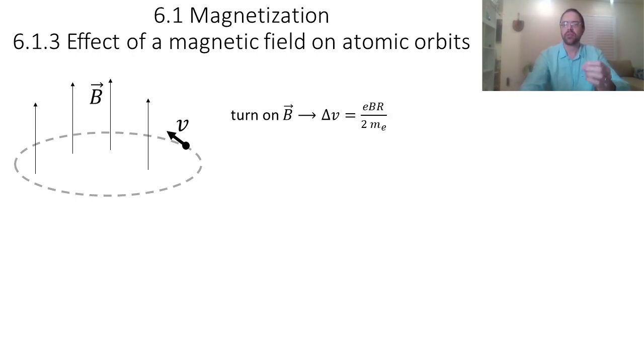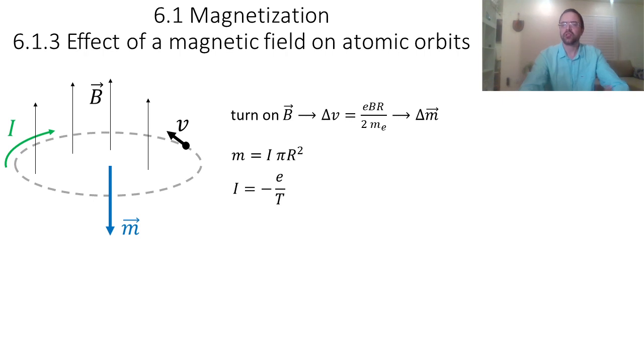Okay, so we saw that turning on a B field will change the speed of the electron by delta v, which is equal to eBr over 2m_e. But this change of speed means that the dipole moment of the electron orbit will change. We know that the magnetic dipole moment is equal to the current I times the area of the orbit, pi r squared.